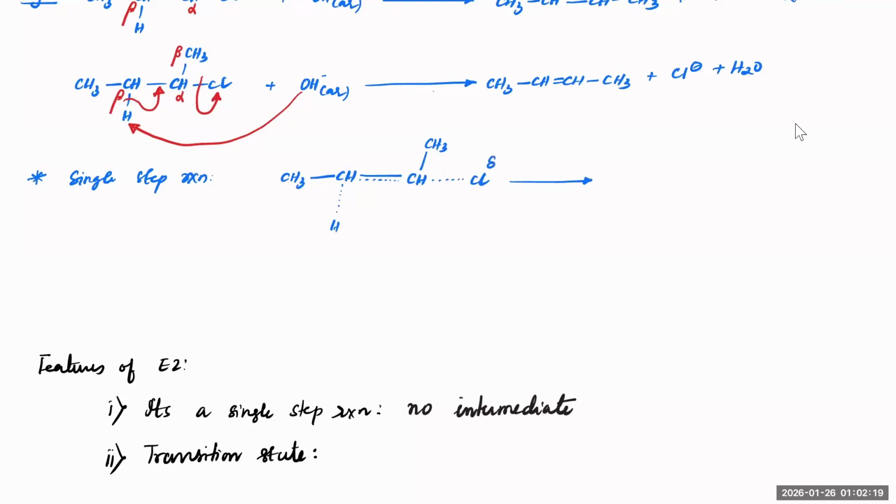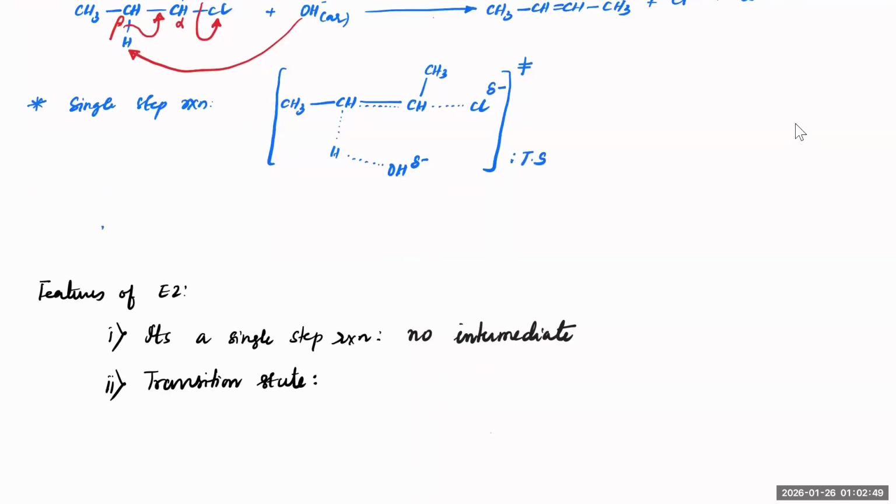So I can say this is gaining a delta minus charge, correct? And OH already has a delta minus charge, which is taking away hydrogen from here. So this becomes the transition state, everybody. And the transition state is usually written like this. This is the symbol we use. This is the transition state.